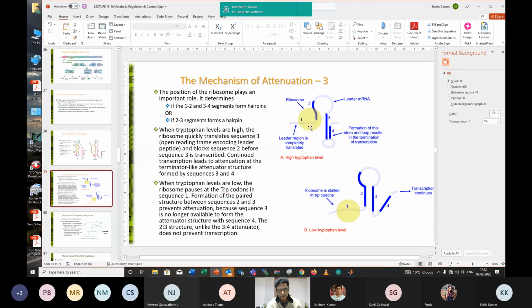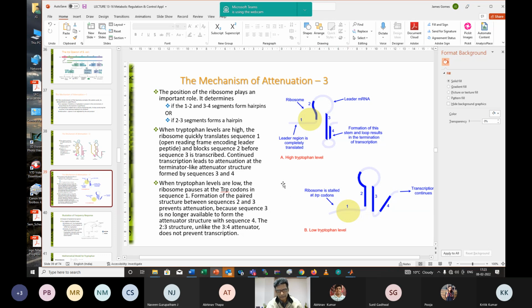If there is sufficient tryptophan, this will translate very quickly and move on to block this part of the mRNA. So while 3 and 4 are getting synthesized, they will form together this loop, and this loop forms in such a way that it creates the terminator site.